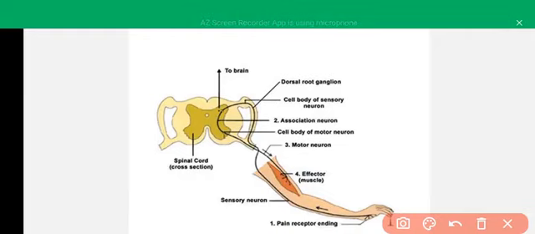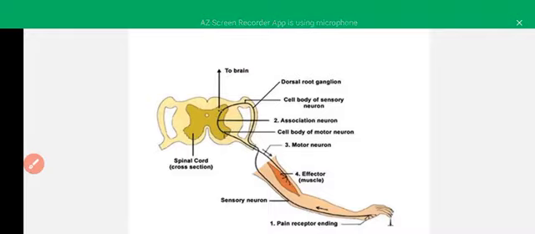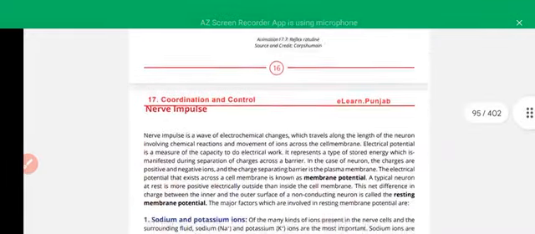This muscle is contracted, like the biceps, and we move away from the damaging stimulus. These sensory neurons also form impulses to the brain. This part is not involved in reflex actions, but it gives the pain signal toward the brain, making us aware of the damage that is happening. This is the reflex arc action.